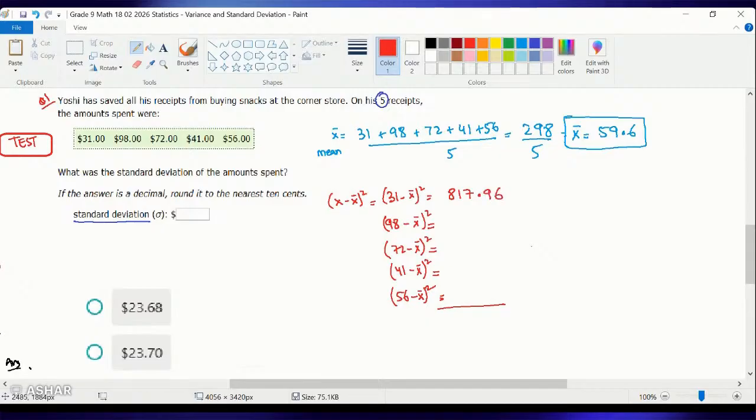Let's see what is the possible answer. 98 minus the mean, squared. $72 minus 59.6 squared comes out to be 153.76.